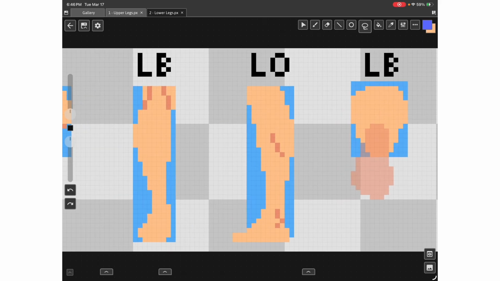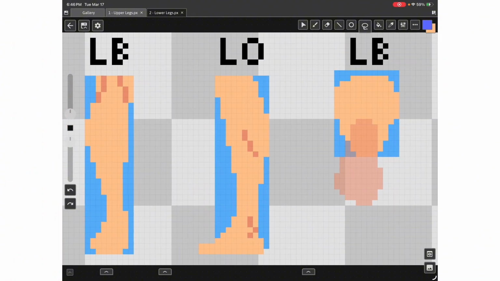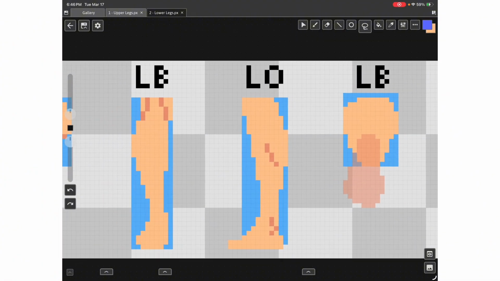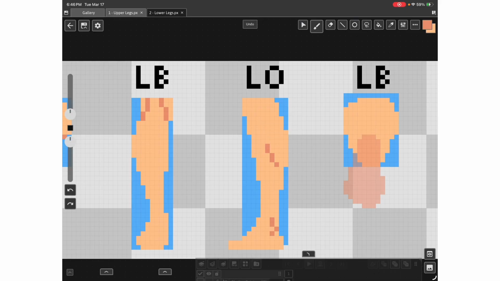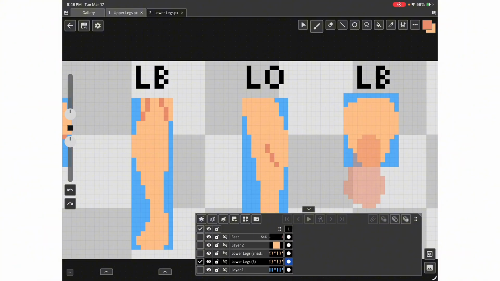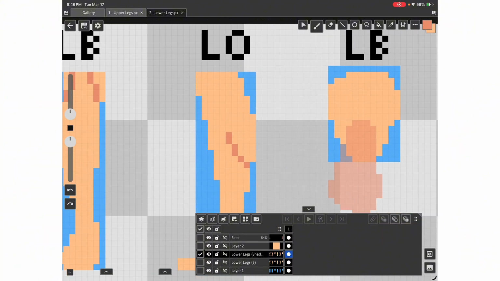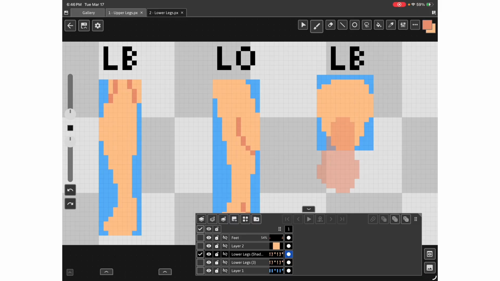I'm gonna give you a little bonus tip for the outer calf. The calf muscle overlaps like that. So notice how if you were to finish that, it would be like a circle. That's how the muscle would be represented.